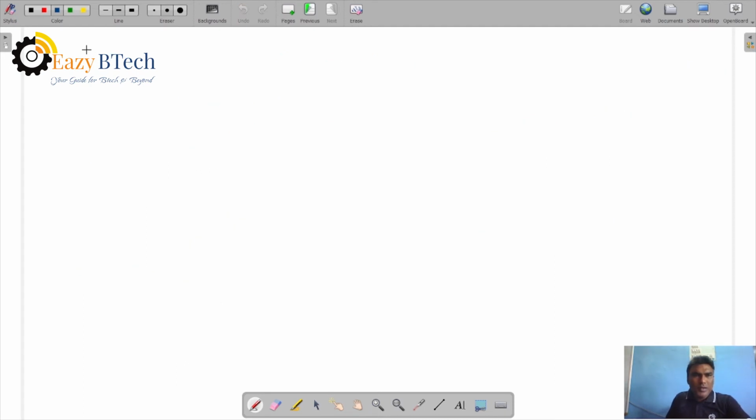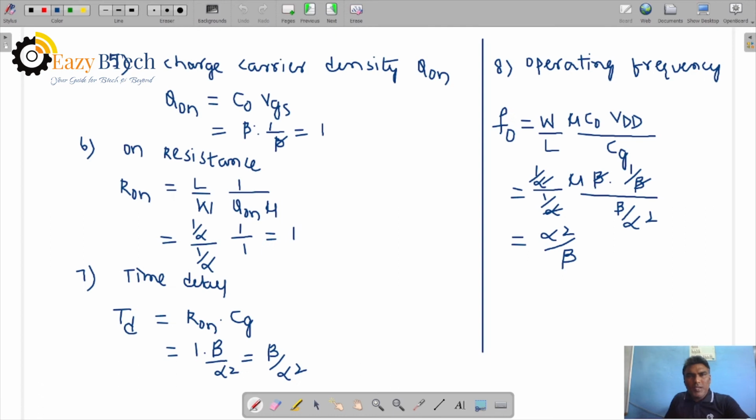Next one, the ninth parameter, saturation current, IDSS. You can see in the previous operating frequency, time is equal to the reciprocal of frequency, where f is equal to 1 by t.